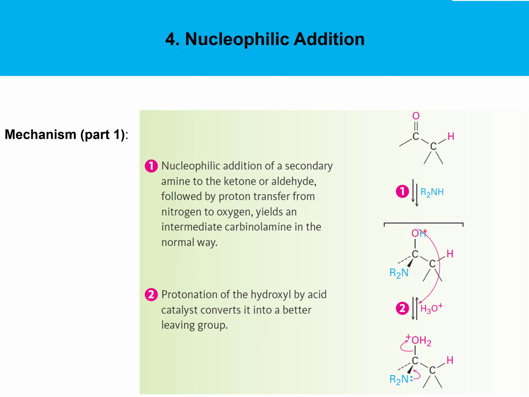So you'll have an alcohol and an amine on the same carbon, making it a carbinolamine intermediate. In the next step, the oxygen will be protonated, forming water, and in the next step after that, the nitrogen will push out that water to give us an iminium ion, which you'll see on the next slide.